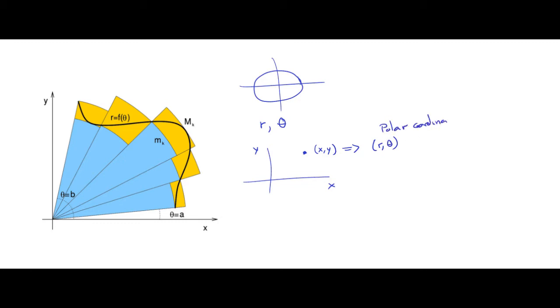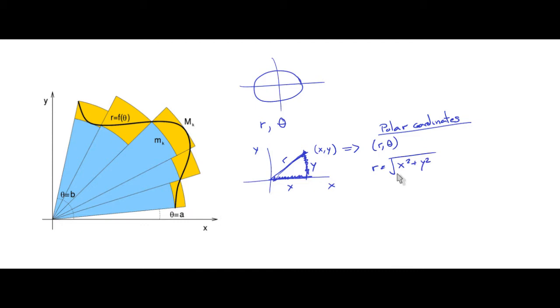So these polar coordinates are the distance from this point to the origin, so this is r, and using the Pythagorean theorem, it's easy to see that if this is y and this is x, then r is just the square root of x squared plus y squared.